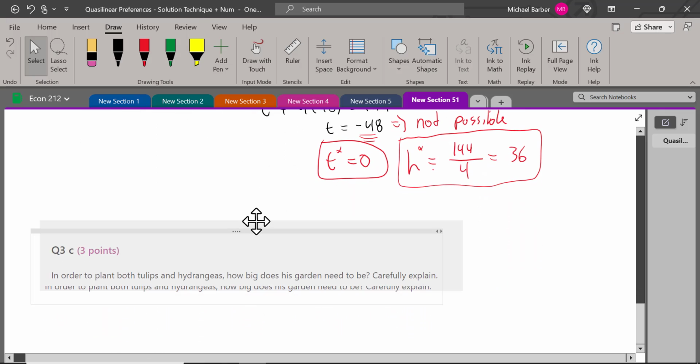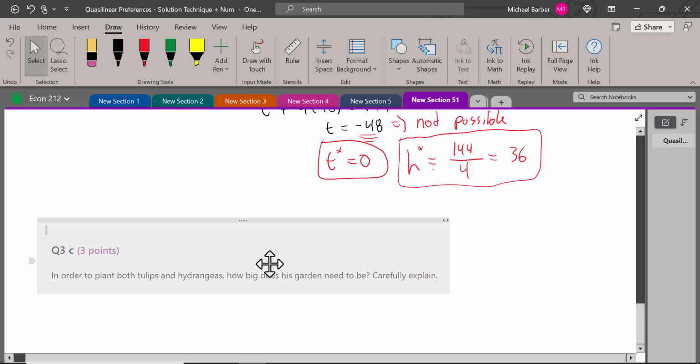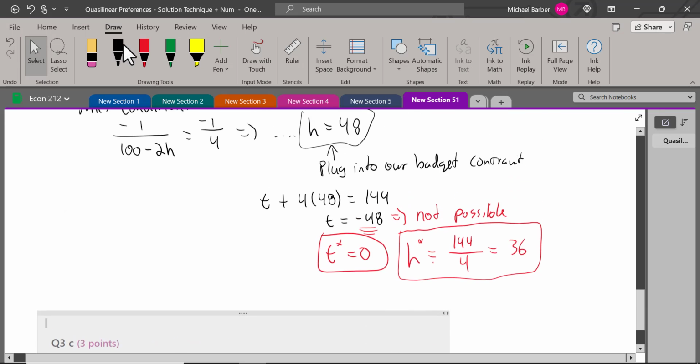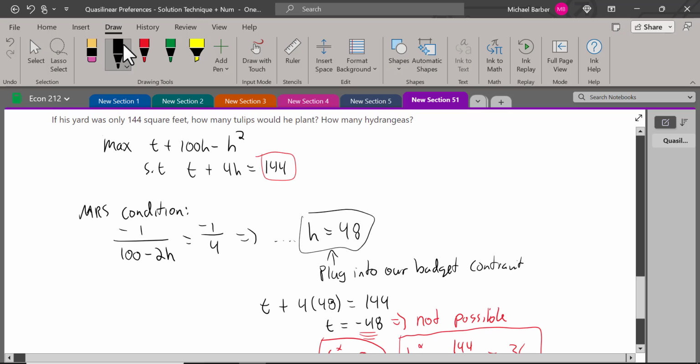So in order to plant both tulips and hydrangeas, how big does the garden need to be? Carefully explain. Well, we already saw that no matter what, he wants to plant 48 hydrangeas, right? We can see that from just this solution. Before we plant any tulips, we want to plant 48 hydrangeas.